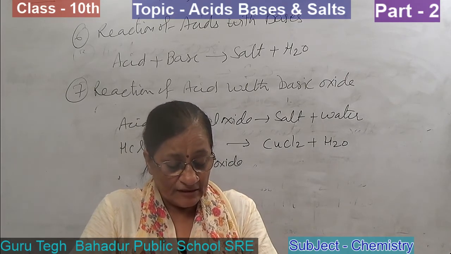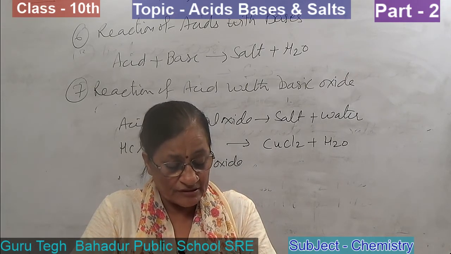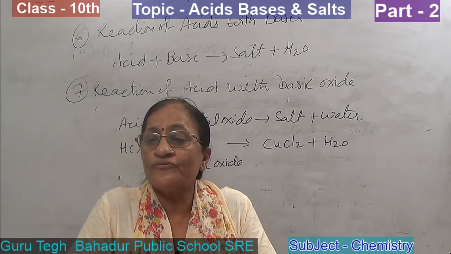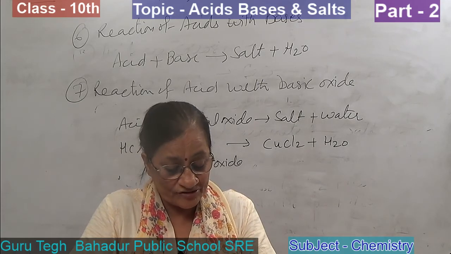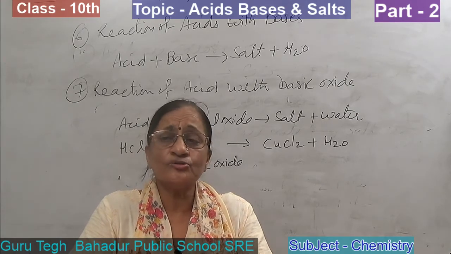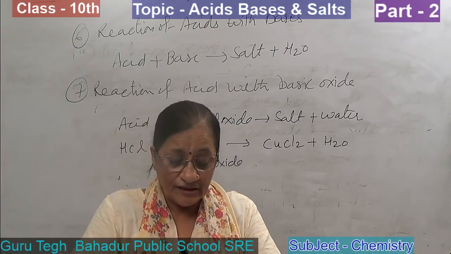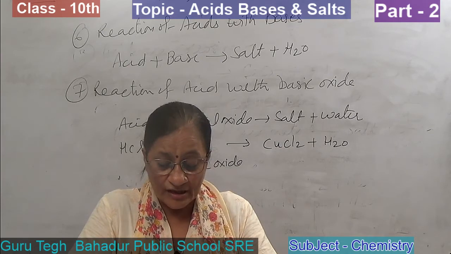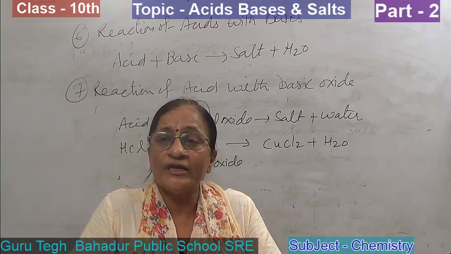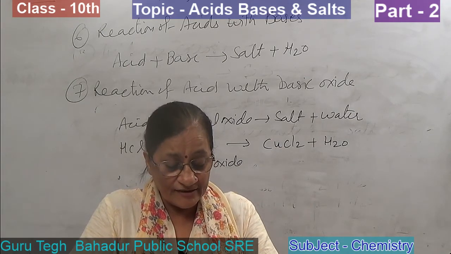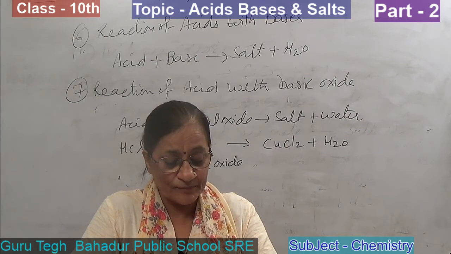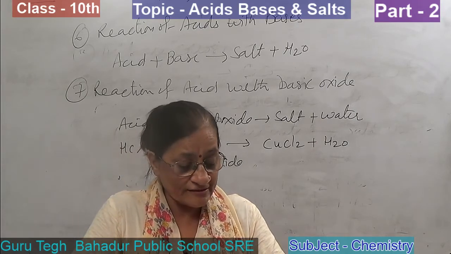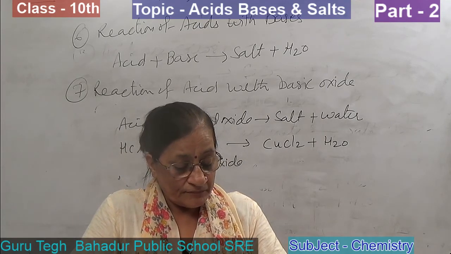HCl is used for making glue, and also for purifying salts. Then HNO3, nitric acid, is called a strong acid. It is also used to make fertilizer, and it is used for making explosives like TNT, trinitrotoluene.